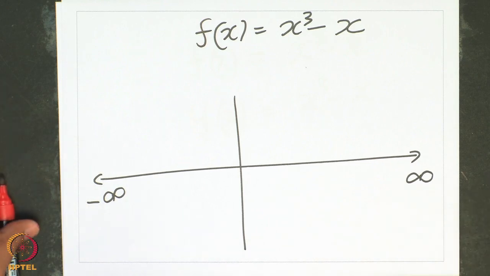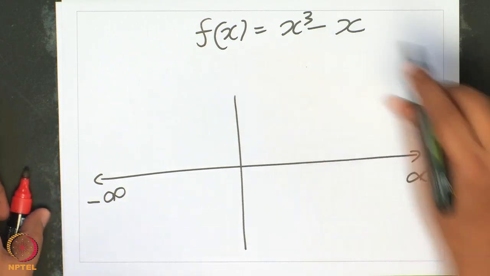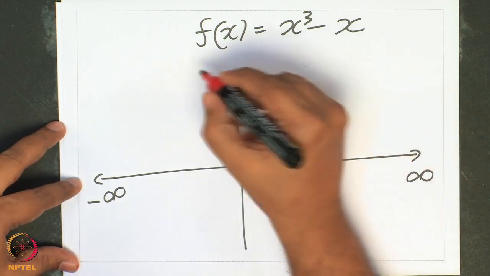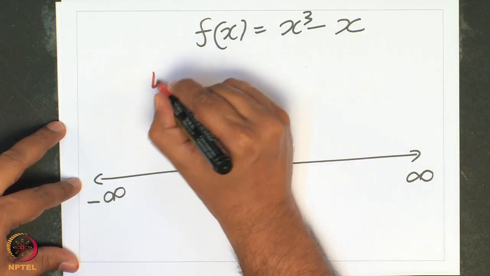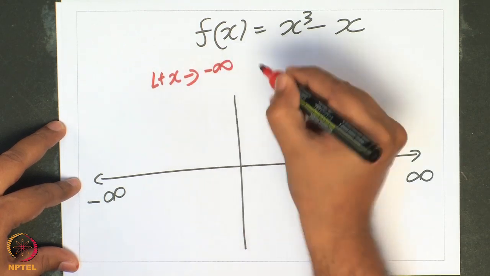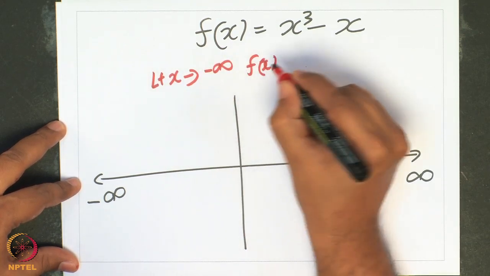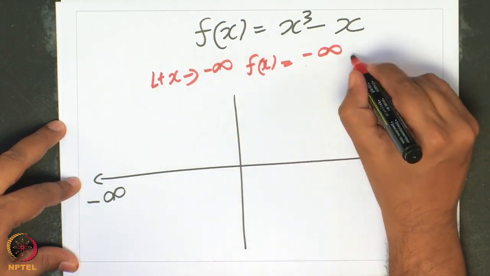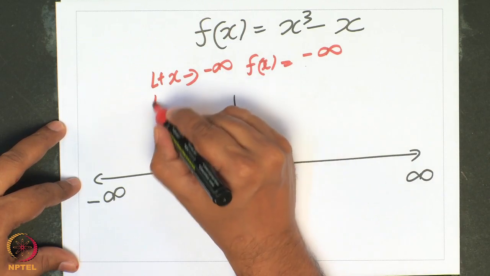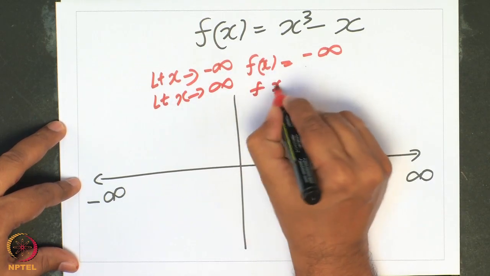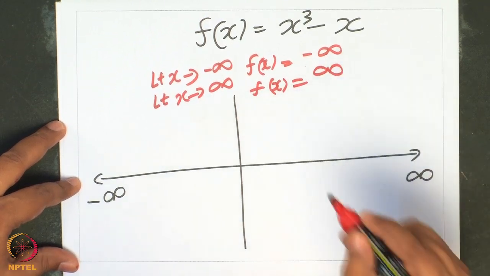And what we found is that in the limit as x going to minus infinity, the function is minus infinity. In the limit x going to plus infinity, the function is infinity.